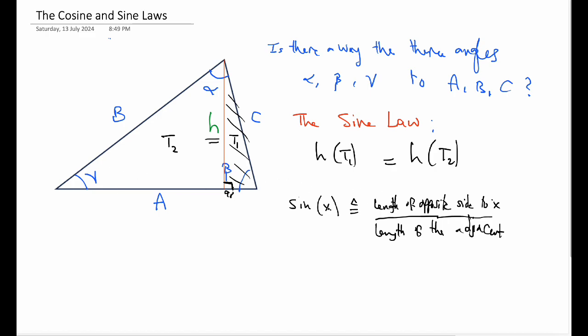So now for right triangles, we can use the sine definition, which is the length of the opposite side to x, divided by the length of the adjacent, which is basically c.